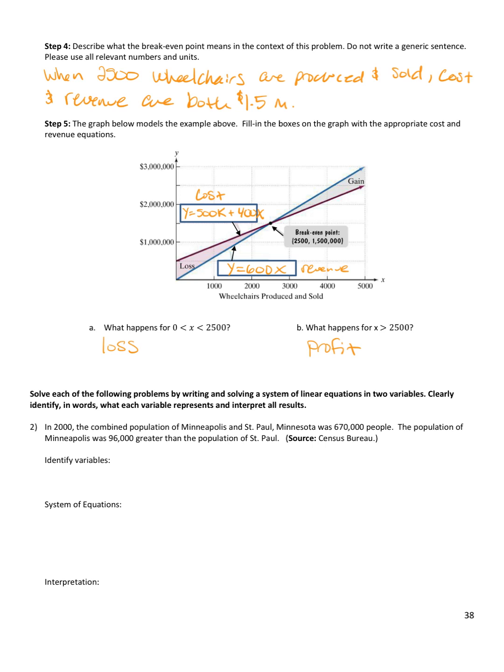Okay, next problem. In 2000, the combined population of Minneapolis and St. Paul was 670,000 people. The population of Minneapolis was 96,000 greater than the population of St. Paul. And they did not ask a question. I'm going to assume they want to know what are the populations of Minneapolis and St. Paul.